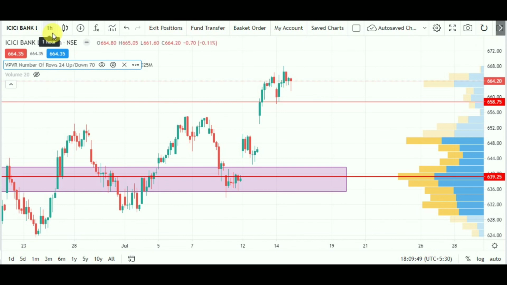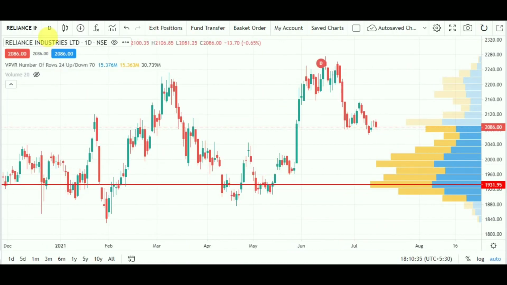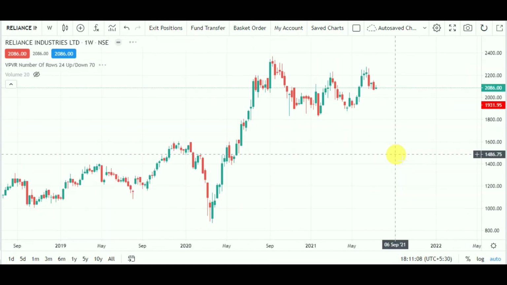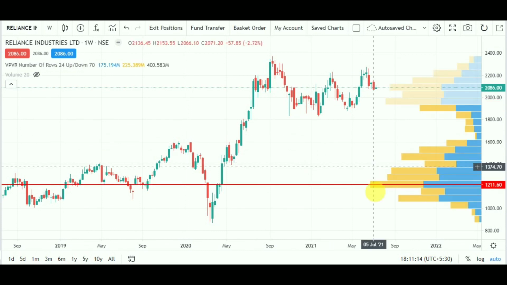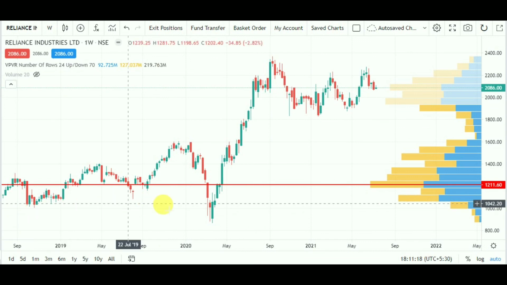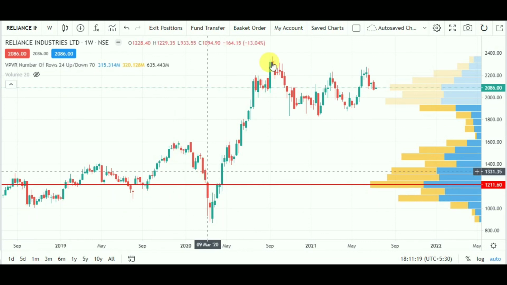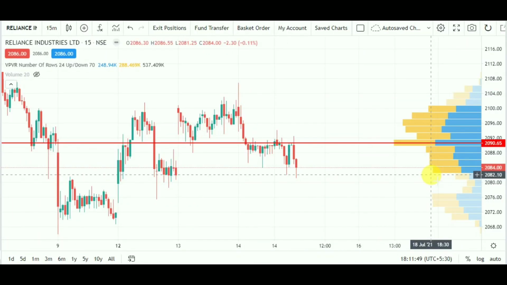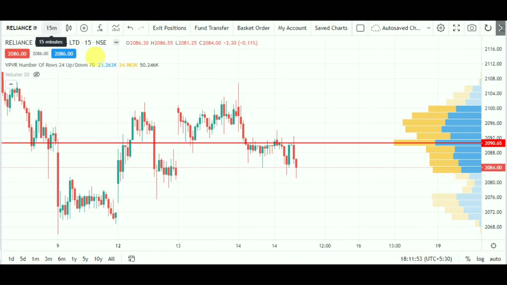It can be used on the daily and weekly time frame to gauge the larger picture and identify longer term value areas, acceptance and rejection zones, support and resistance, etc. On the other hand, it can also be used on intraday time frame to gauge the shorter term picture and identify entry and exit levels.